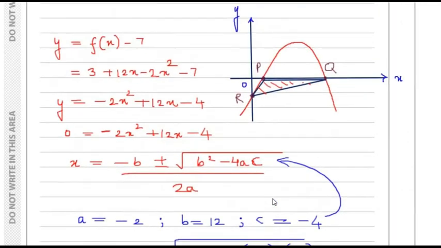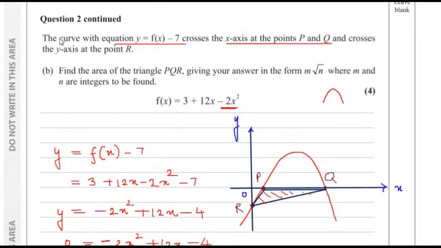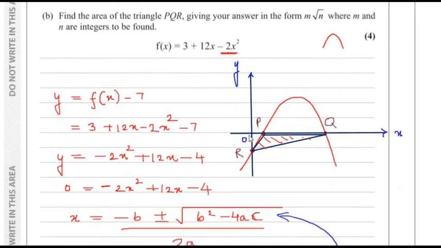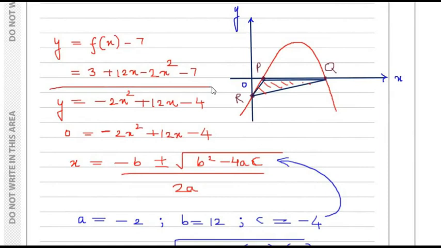Now the next thing they have given in the question is the curve crosses the y-axis at the point R. So you can see the curve is crossing the y-axis at point R. On the y-axis the x coordinate is going to be 0. So in this expression which we got by solving the given equation, we substitute the x value as 0.